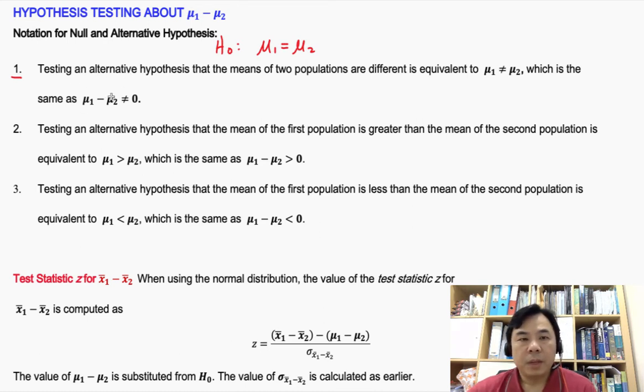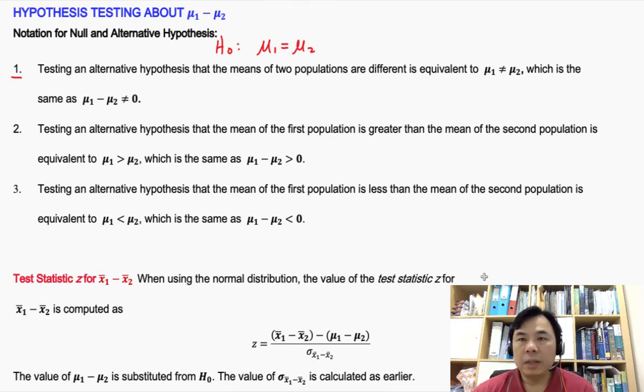All right. Now the second condition that we might be testing for the alternative hypothesis would be greater than, and lastly, it will be less than. So it's either one of the means is less than, or the difference between the means is less than 0.